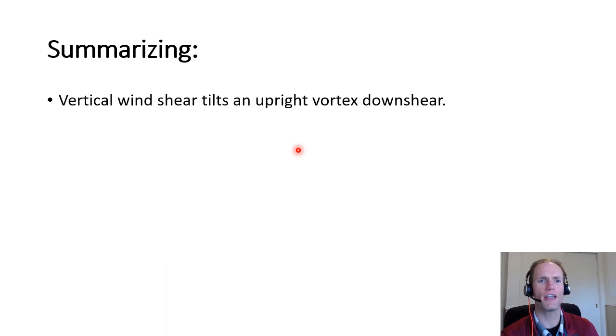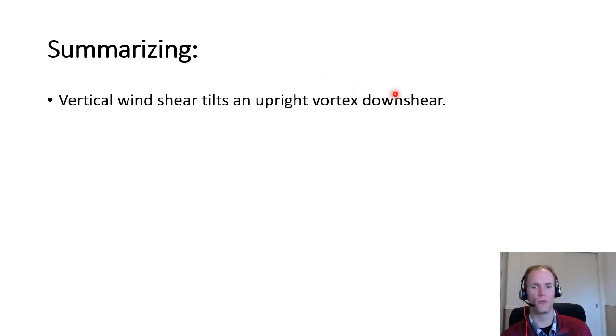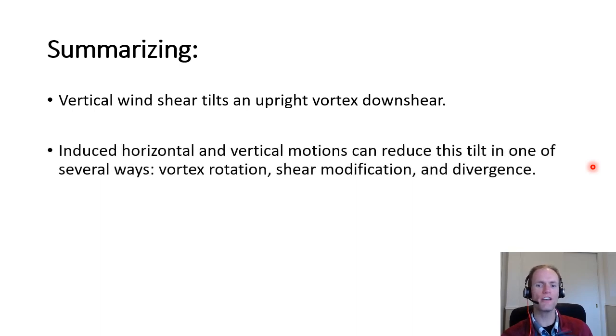So wrapping everything up, we've covered a lot of ground here. We've talked about a lot of different concepts. At the most basic level, the vertical wind shear tilts that upright vortex downshear from west to east, as we depicted for westerly vertical wind shear. But there's a myriad of factors associated with induced horizontal and vertical motions that can reduce this tilt.